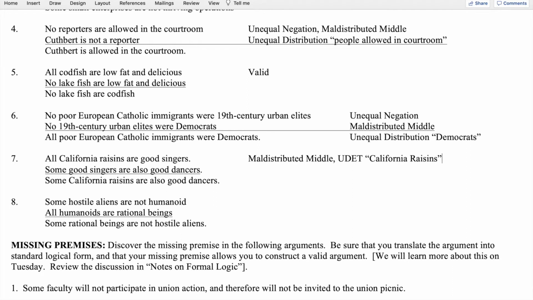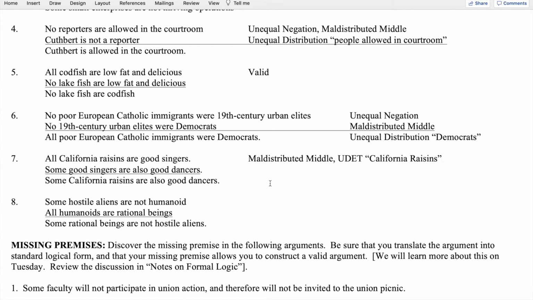In particular negatives, the predicate term is distributed. And in universal affirmatives, the subject term is distributed. So as we look at this, we have a negative conclusion and one negative premise. So we avoid the fallacy of unequal negation because the number of negative premises equals the number of negative conclusions.